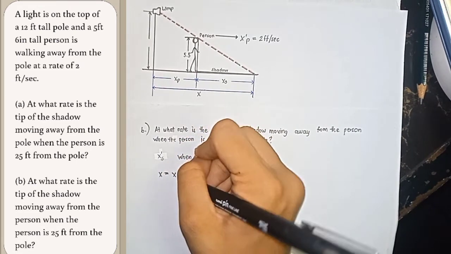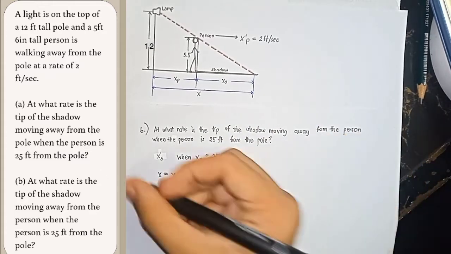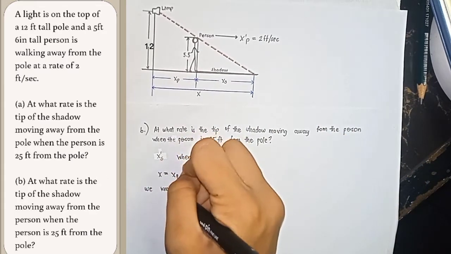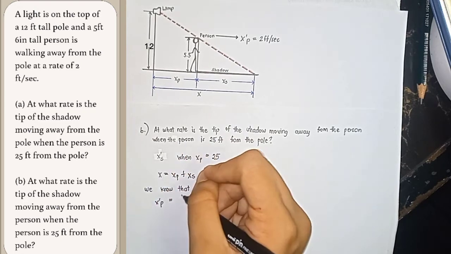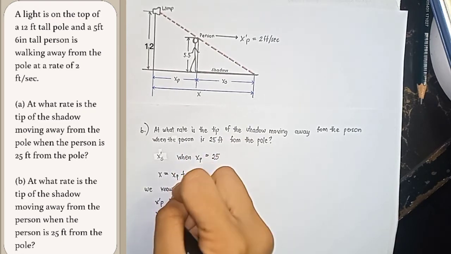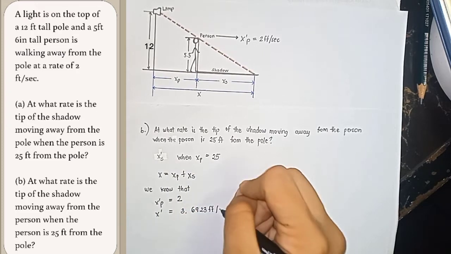Again, we can use x equals x sub p plus x sub s. However, unlike the first part, we now know that x prime sub p is equal to 2 and x prime is equal to 3.6923 feet per second.